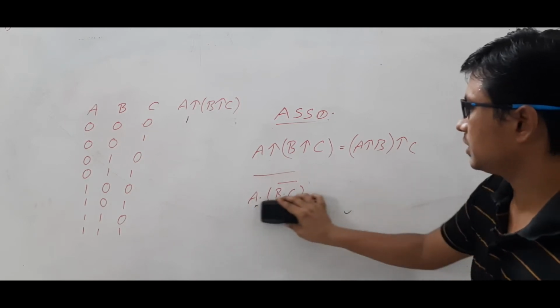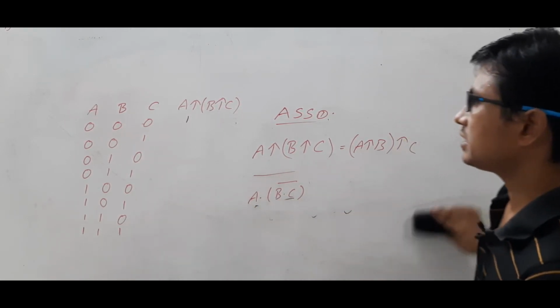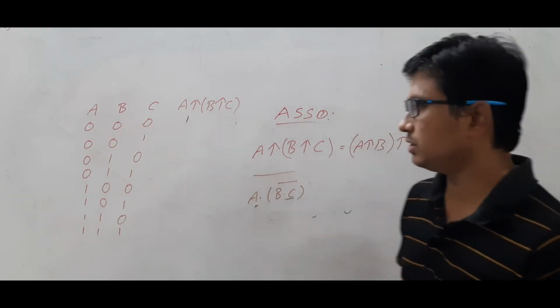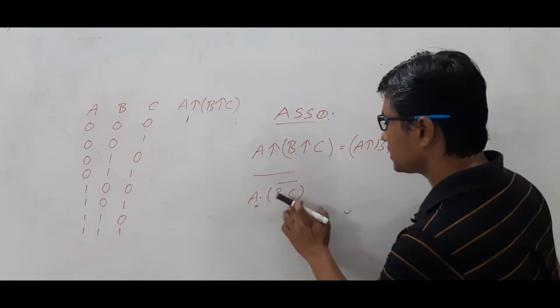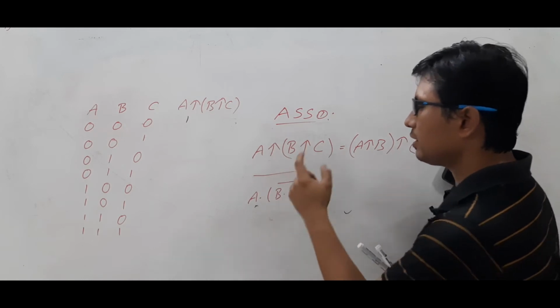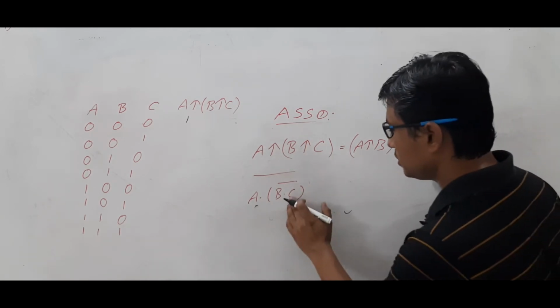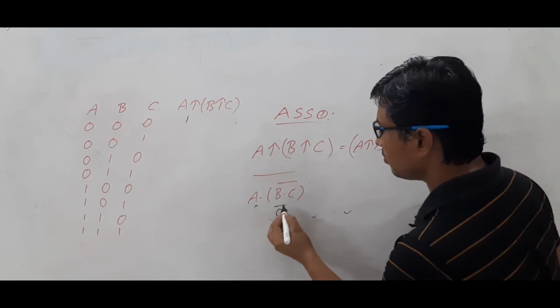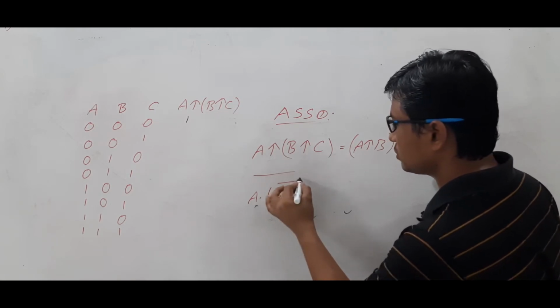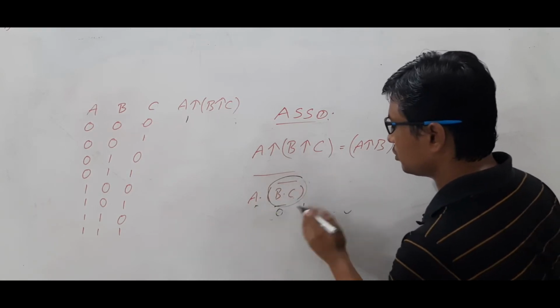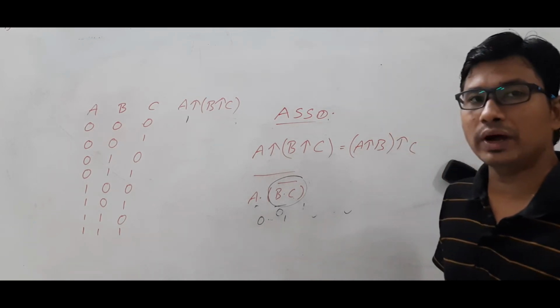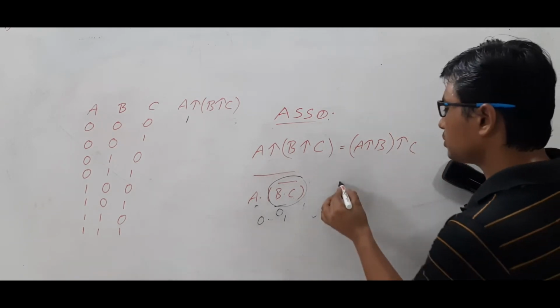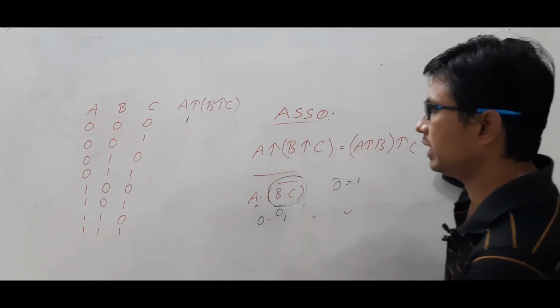Now check it. What is the A value? A value is 0, B value is 0, C value is 1. Now 0 and 1 is equal to 0, 0's complement will give 1. So this entire 1 is producing the output as 1, and this is 0. So 0 and 1 is equal to 0, 0's complement is equal to 1.